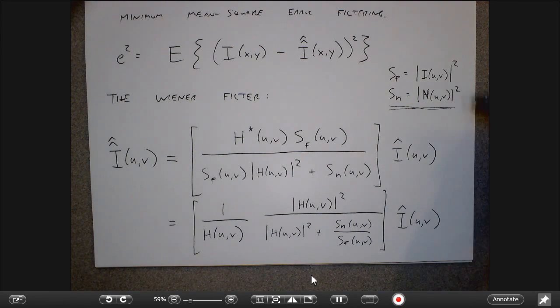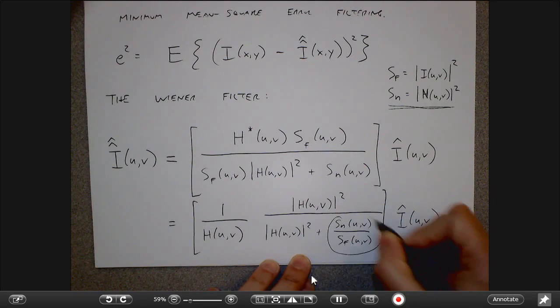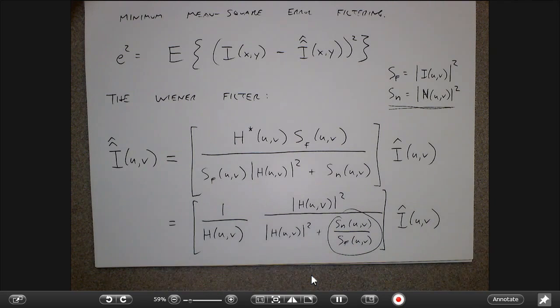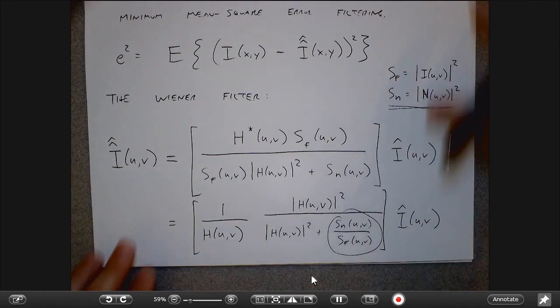The power spectrum of the image may be hard to estimate because I don't know the original image, right? That's part of the problem, it requires something I don't have access to. So in practice, I try to tune this number to match what I estimate the signal to noise ratio to be.